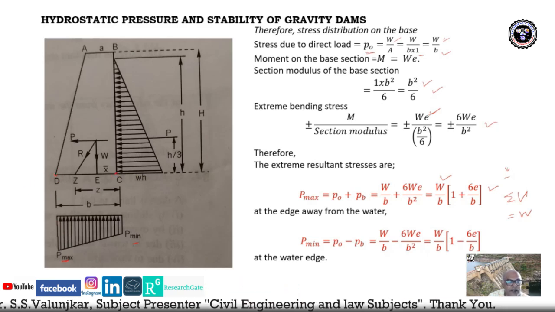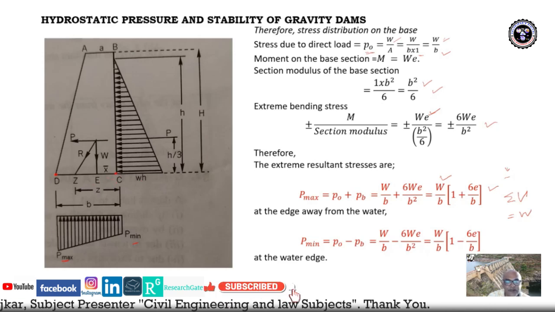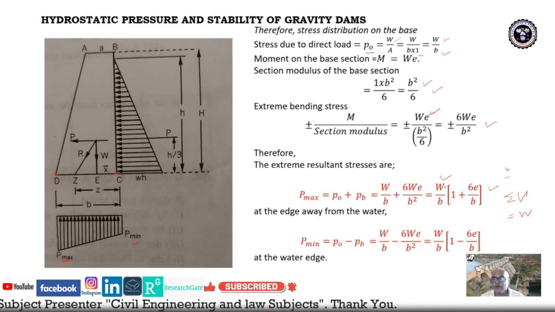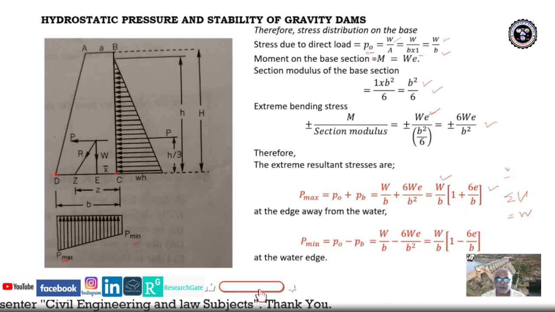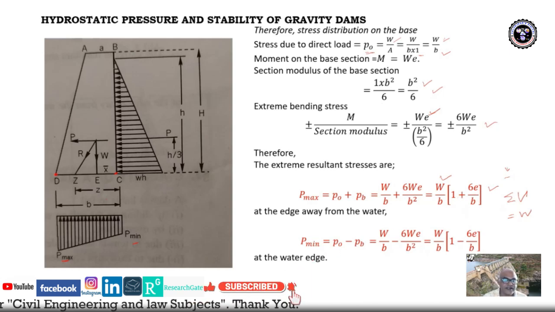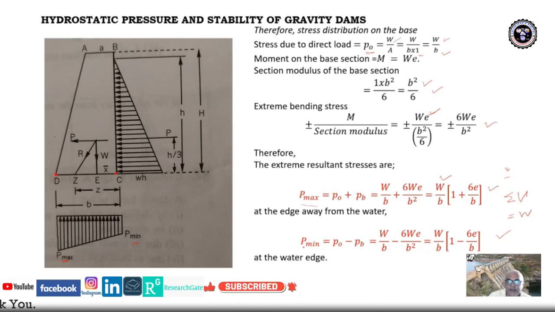So P maximum is equal to W upon B into 1 plus 6E upon B, and P minimum, at the water edge, that is the hill side of the dam, is equal to direct stress minus extreme bending stress, which is W upon B into 1 minus 6E upon B. So this way we can compute the P maximum value and P minimum value.